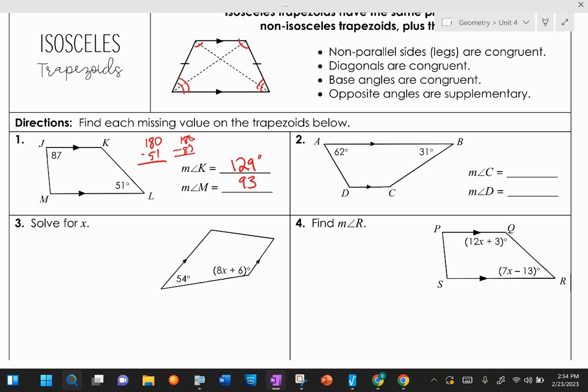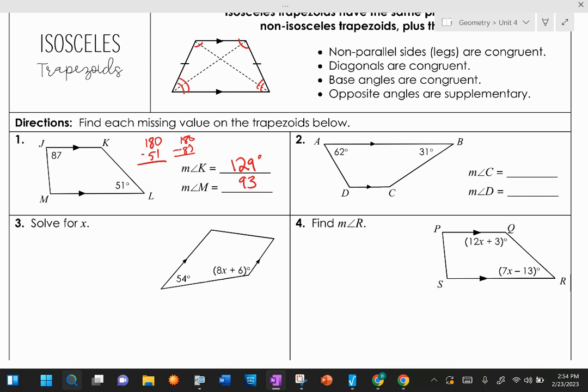Or let me ask a better question. Which angle will we use to find the measurement of angle C, Gage? No, which angle will we use to find the measurement of angle C? I love all of you, but I asked Gage. It is B. You could use B, right?